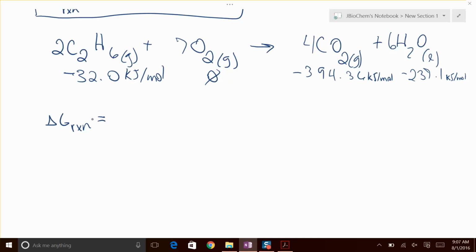Okay, what do we find for our delta G of reaction here? Okay. So that should be our delta G of reaction in kilojoules per mole. Okay, that's what you should be getting. Okay, good.